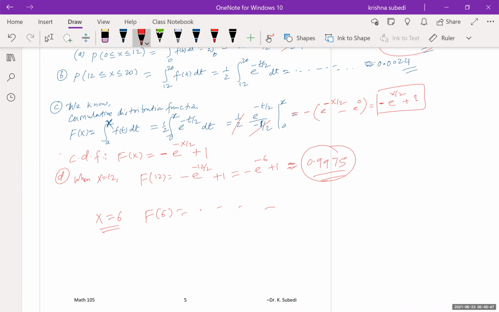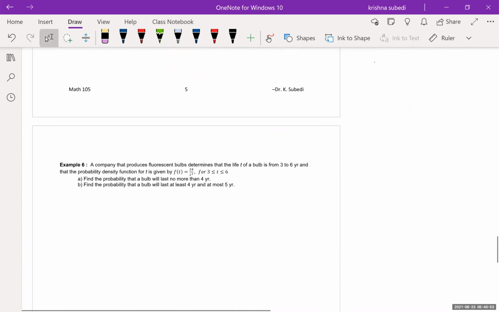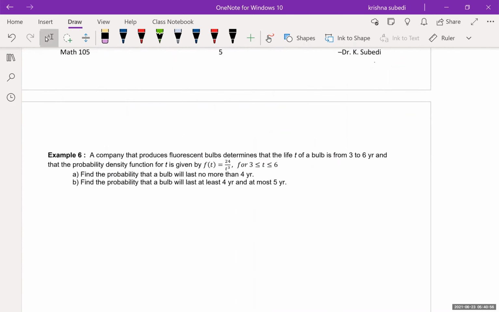Okay guys, so we did a lot of things related to probability, and we have seen that the probability can be calculated by using integration. Right now I want you to try example 6 just for fun. Take a few minutes and let me know what is your answer.